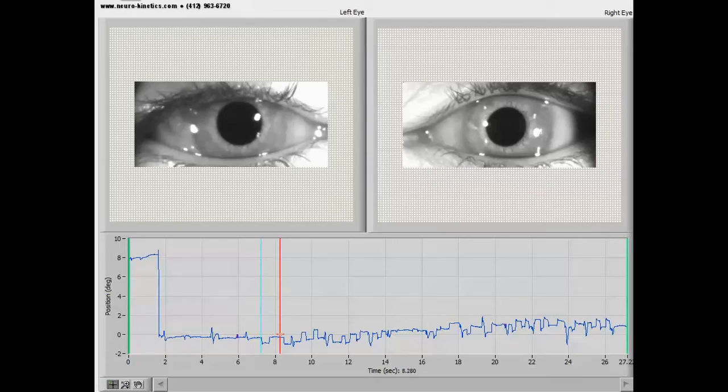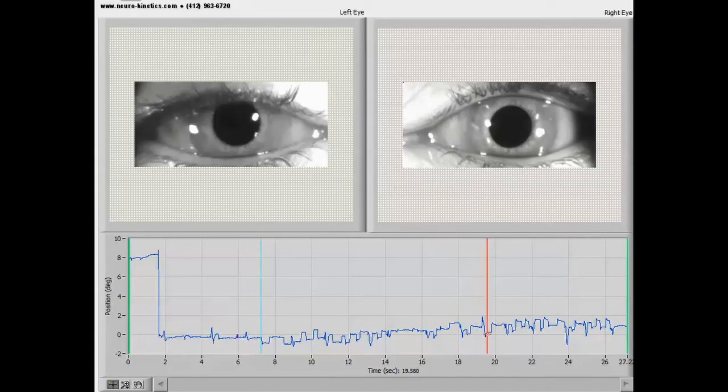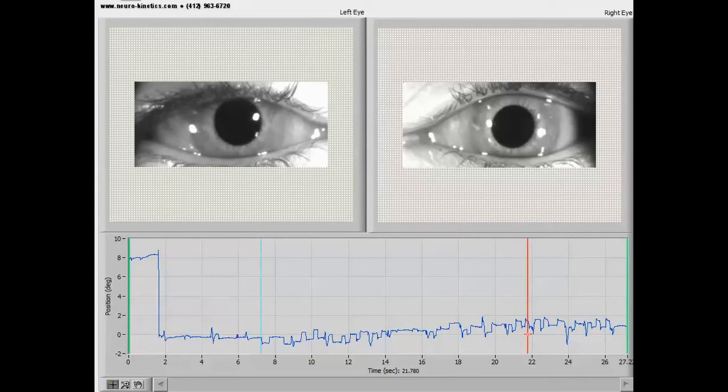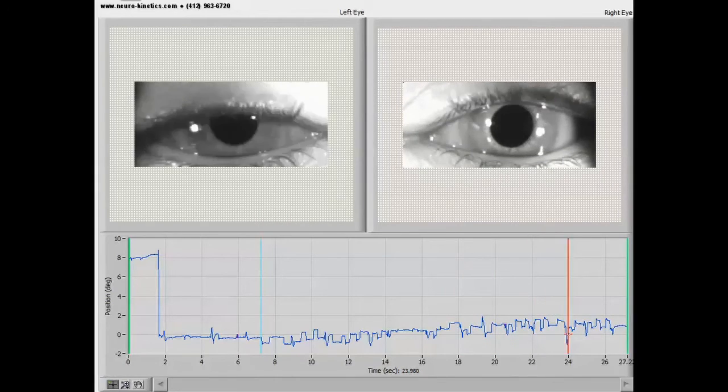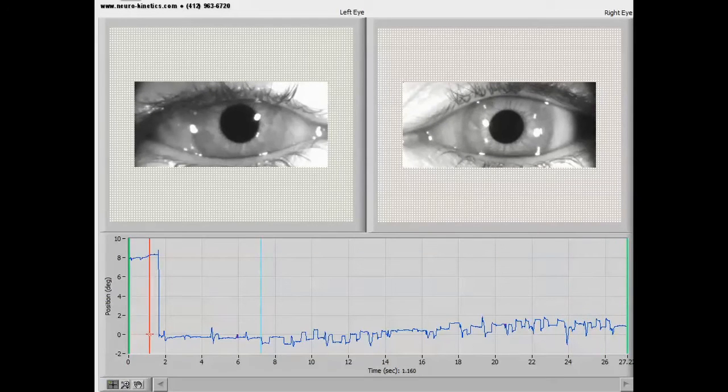We see this quite a bit with gaze instability, because when you lose your focus, you naturally want to blink or close your eyes and open them back up again to re-establish focus. So it's a real good indication of severe stability issues if you notice that the person blinks a whole lot.